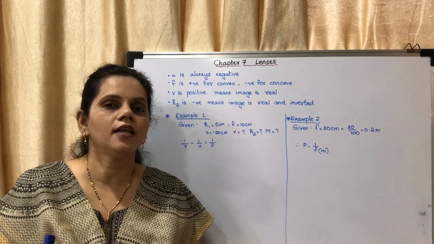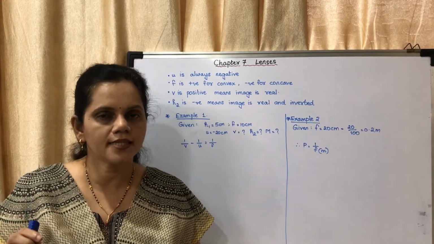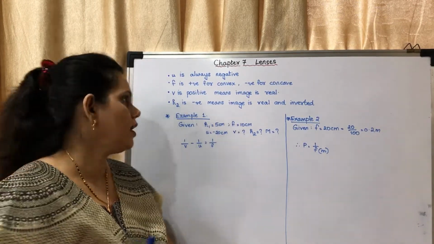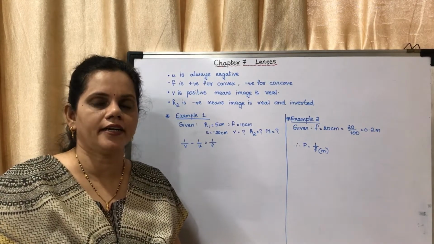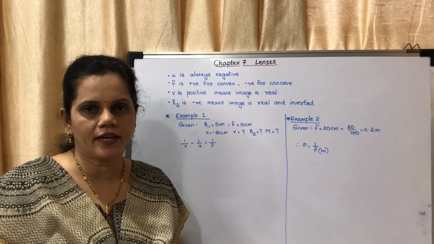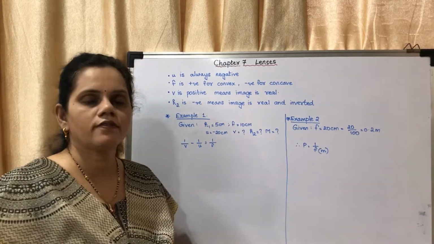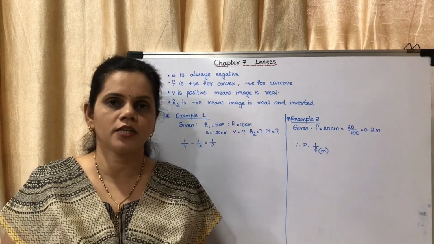So real and inverted. V is positive means the image is real. H2 is negative means the image is inverted. So these things you have to remember while doing the numericals. You may write this in your textbook itself.